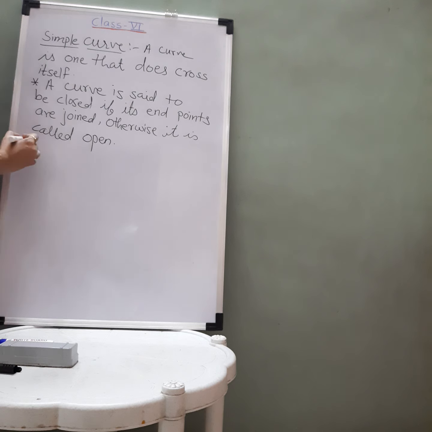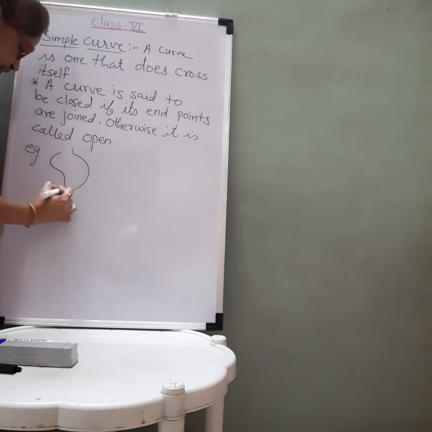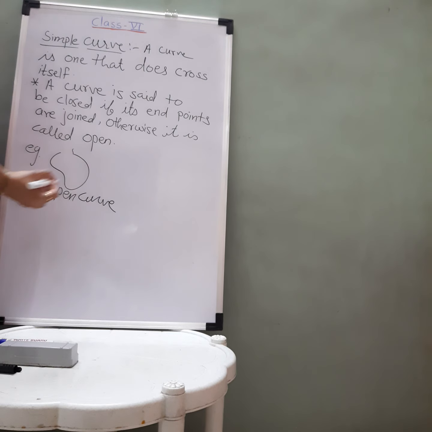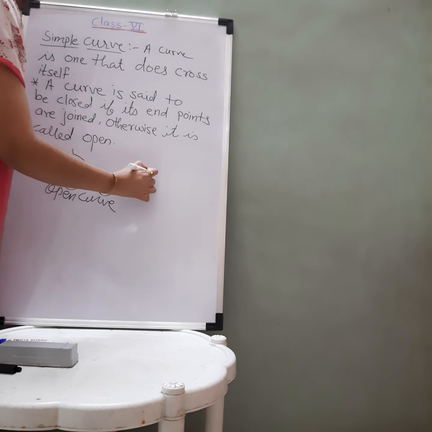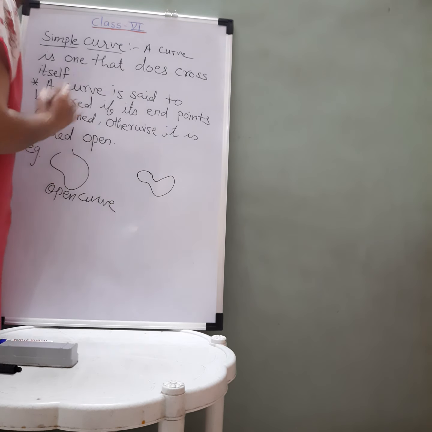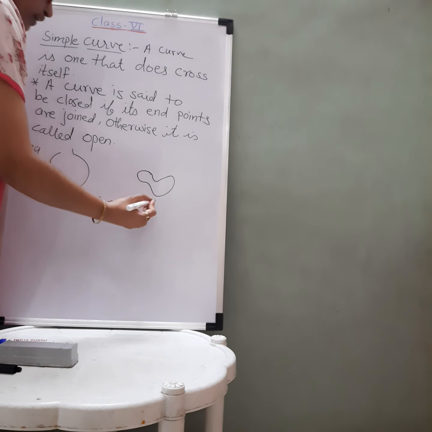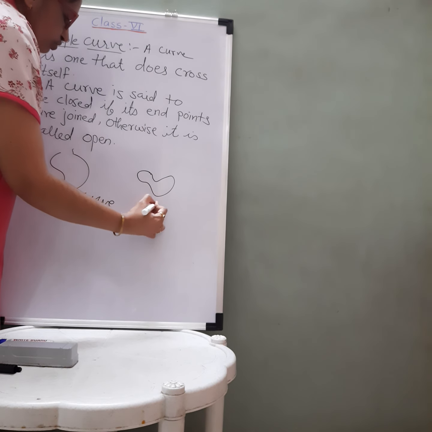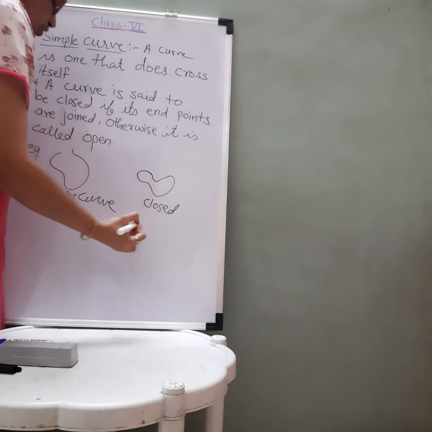Now an example of a closed curve and an open curve. If I draw a diagram like this and leave this end open, in this case both the ends are not joined, so this type of curve is called an open curve. And if I draw another shape in which our starting point and end point meet, that is called a closed curve.